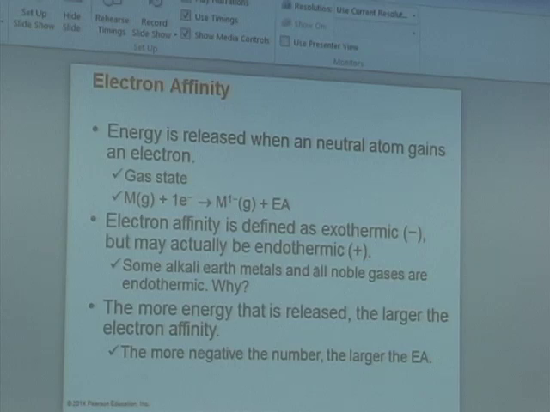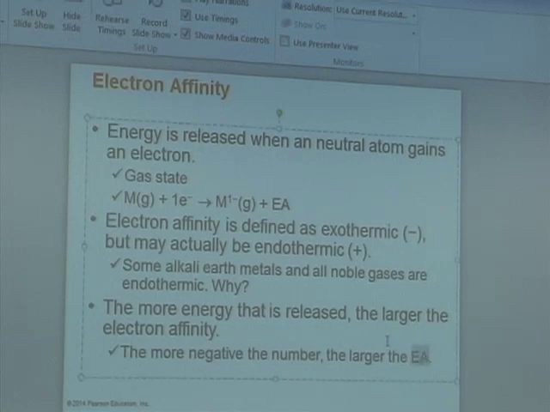So affinity, love for electrons, right? You want to draw electrons towards itself. The more energy that is released, the larger the electron affinity. So when energy is released, exothermic, and so the more negative the electron affinity, or EA.